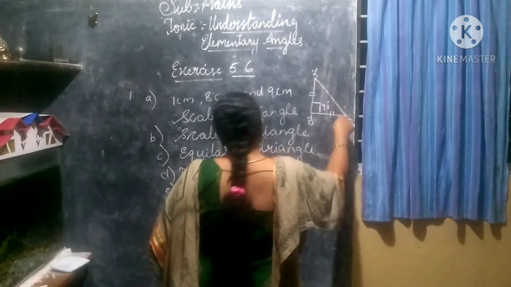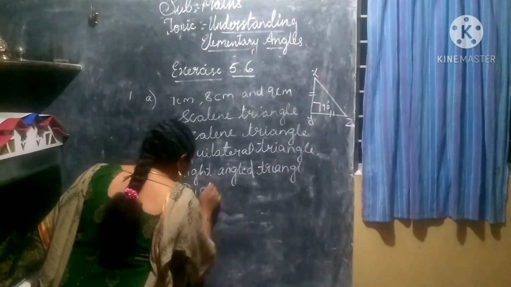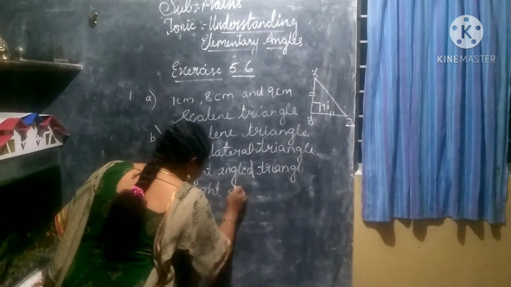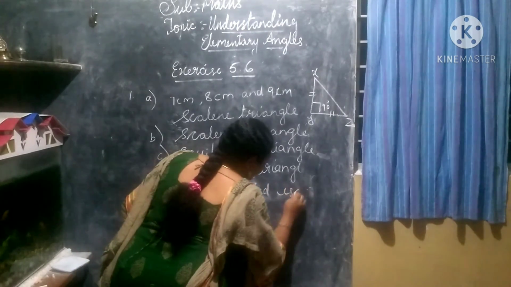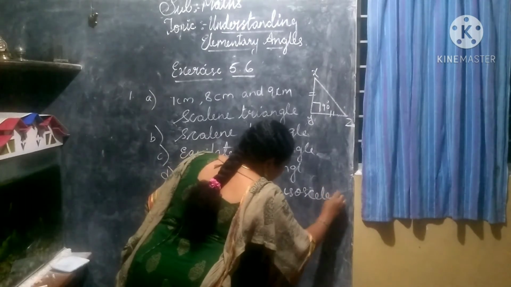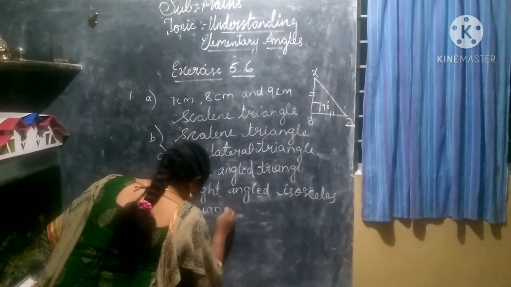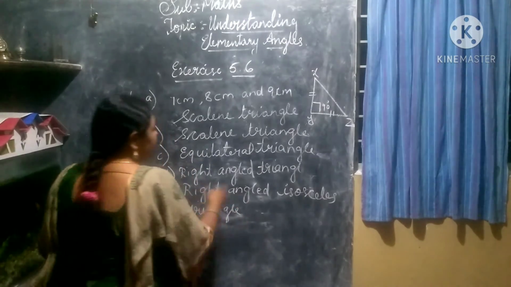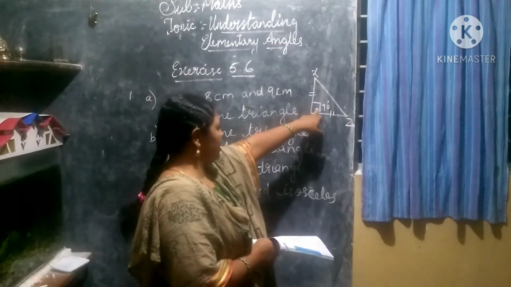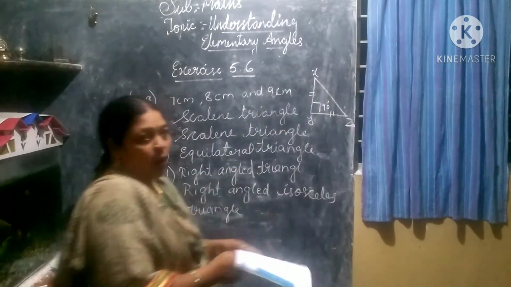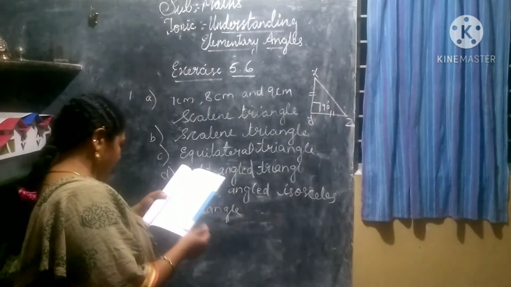These two sides are equal, therefore it is a right angled isosceles triangle. It is a double name, because we have the right angle and the other two sides are also equal.